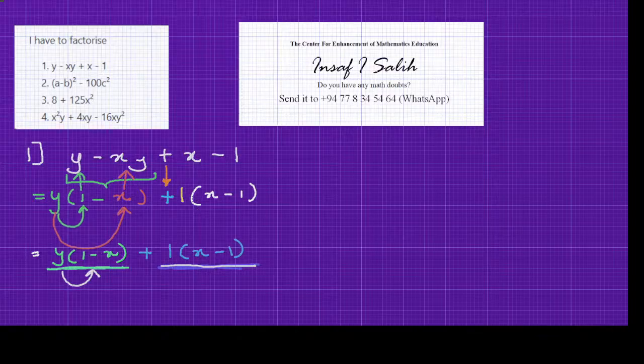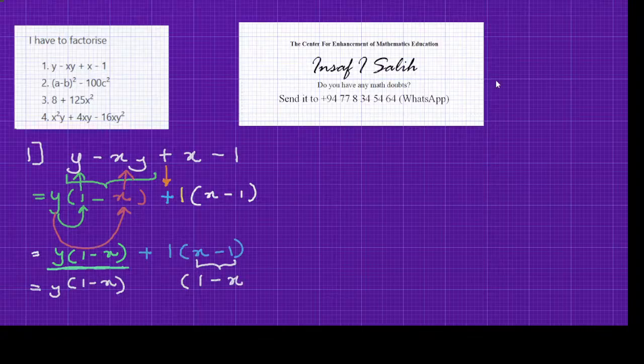But can't we write this x minus 1 as 1 minus x? So let's see how we can do that. So y times 1 minus x. Now what am I doing? Instead of writing x minus 1, I write 1 minus x. Now when I do that, what have I done? I have changed the meaning, because what was one sign, it was minus.